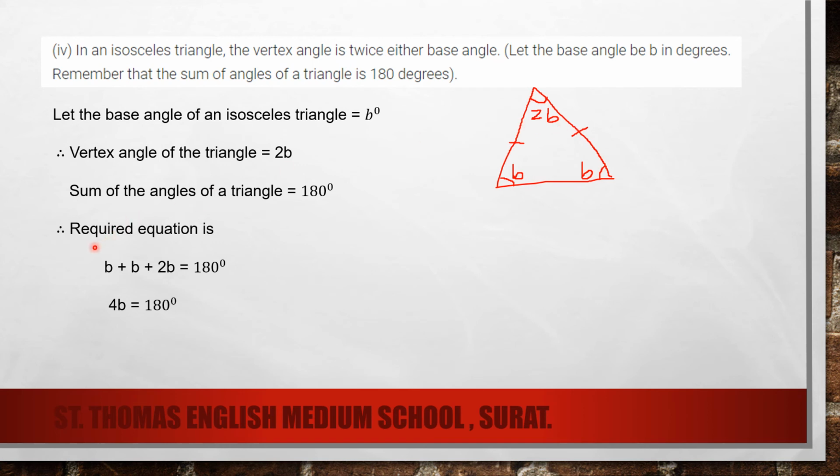So the required equation is b plus 2b is equal to 180 degrees. What is b plus b? 2b. 2b plus 2b, 4b is equal to 180 degrees. So this is the required equation. Again I am saying that you don't want to solve this equation, you only have to write the equation. Clear?